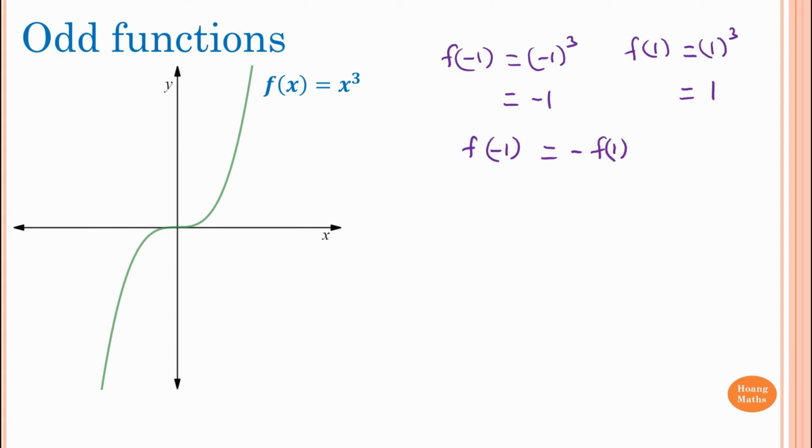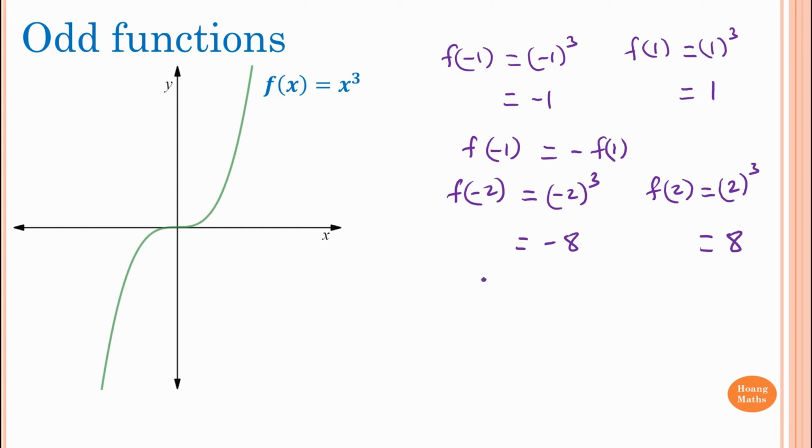How about we find f of negative 2? This becomes negative 2 all to the power of 3, which is equal to negative 8. And if we want to find f of 2, that gives 2 to the power of 3, which is 8.